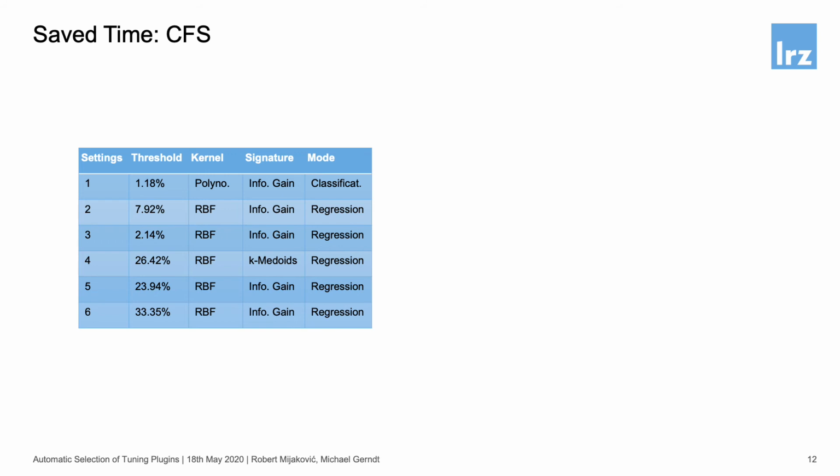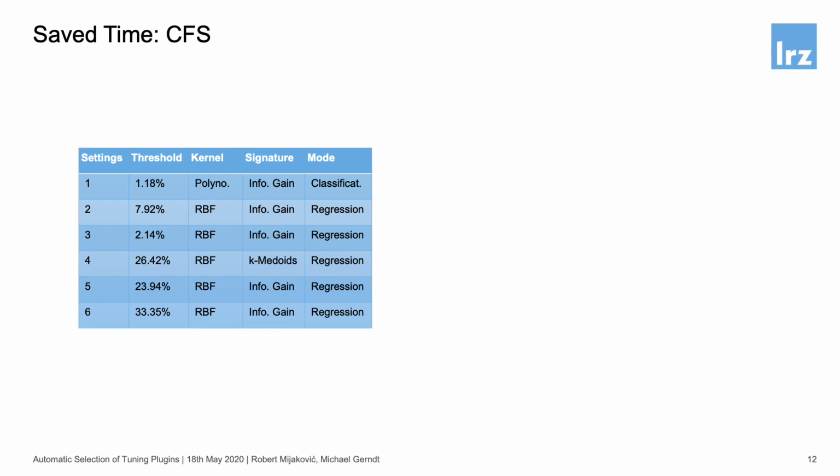And then the best identification process for signature scenarios was almost always information gain, except in setting number 4, where k-medoids was again better, but just by a little fraction.